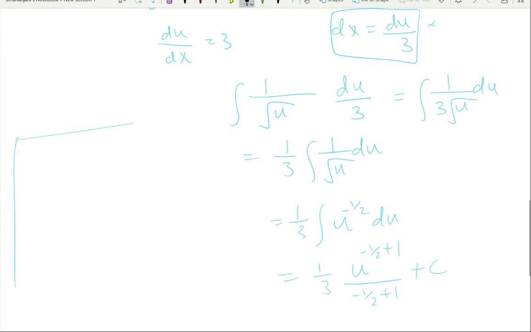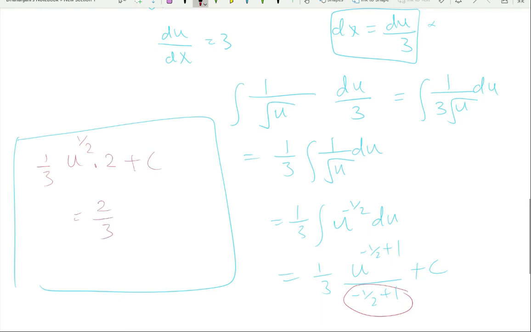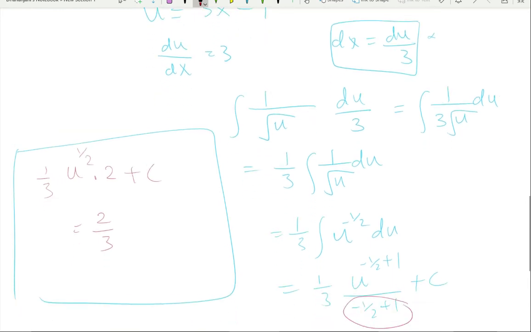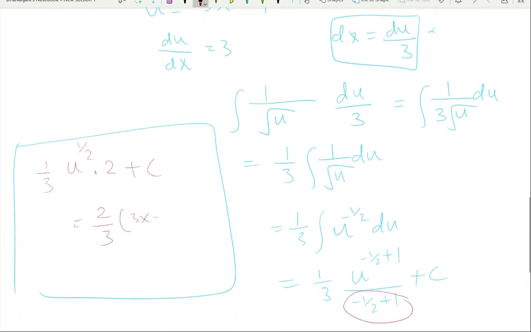So let's write the answer here. 1 over 3, u to the negative half plus 1 is half, dividing by half is the same as multiplying by the reciprocal of half, which is 2, plus c. So this is actually 2 over 3, u is 3x minus 1, so (3x minus 1) to the half plus c. You can even leave your answer in this form. Alright, so that's the answer.